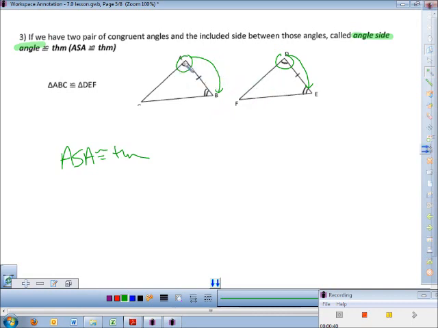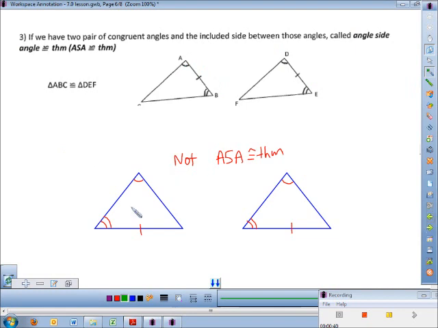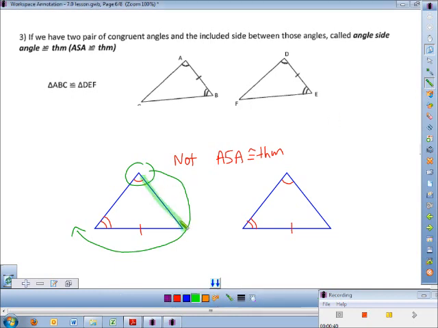Here's an example of angle, side, angle not working, because you see that the tick mark is not between the two arc marks. What it really boils down to is, if you wanted to go around like this, you'd want to put the tick mark between the two. You skipped too many things in a row. You skipped over this segment, which had no markings on it, and you skipped over this angle, which had no markings on it.